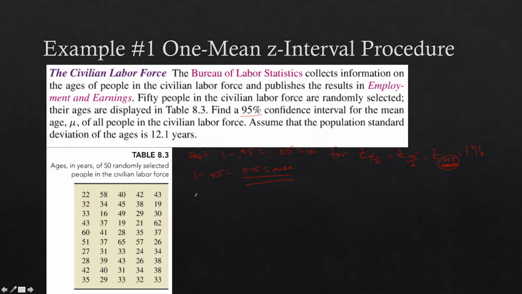Now, here's why we get this z-score. Step 3 allows us to calculate the confidence interval. And here's what our confidence interval equals.